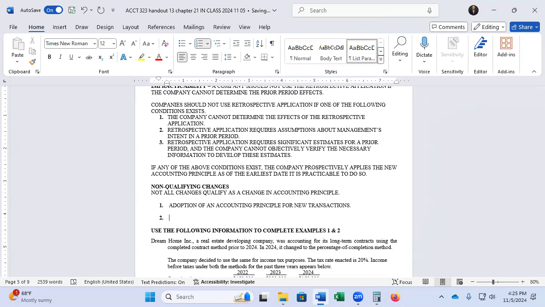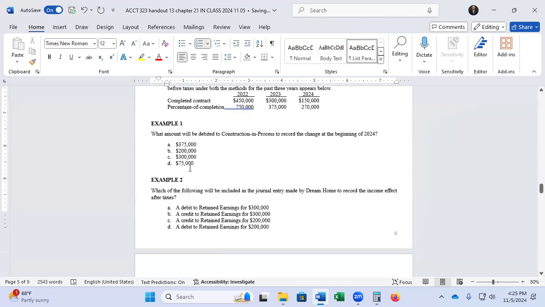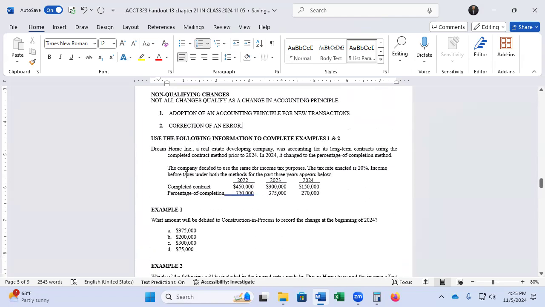Let's say you got a new asset or you're jumping into a new business, and now you're constructing some long-term projects. You don't have to restate prior years because you didn't use it in the prior year. The other one is correction of an error. Correction of an error is not considered a change in accounting principle.